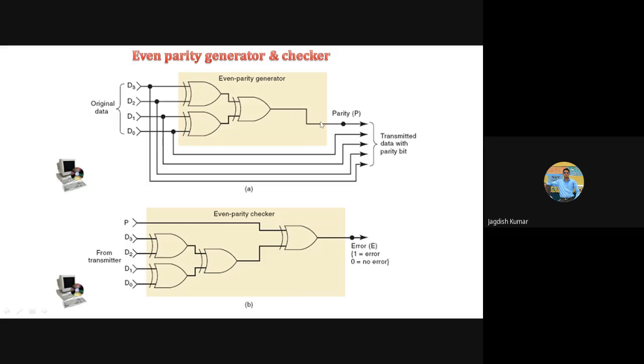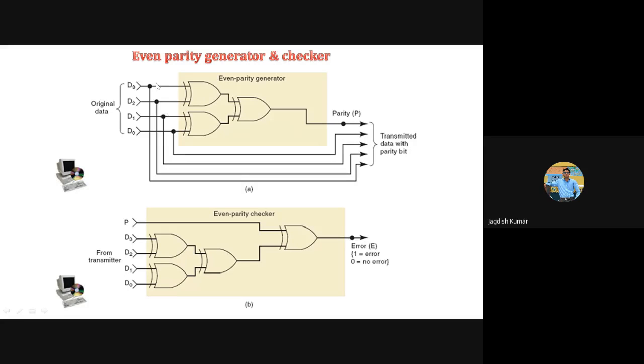Output will be 1. And if the number of ones at the input of the exclusive OR gate is even, the output will be 0. I hope you are understanding what I am saying. So that is how this final combination will give you an overall even parity data packet.